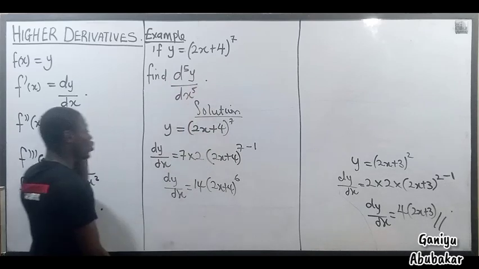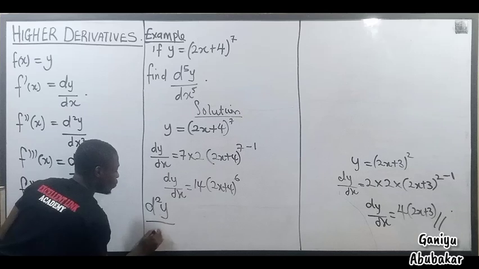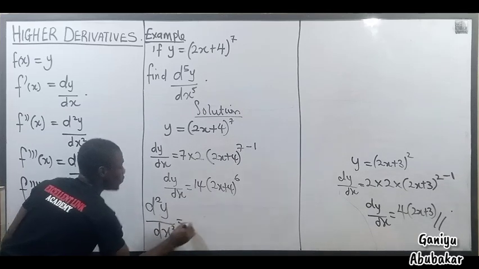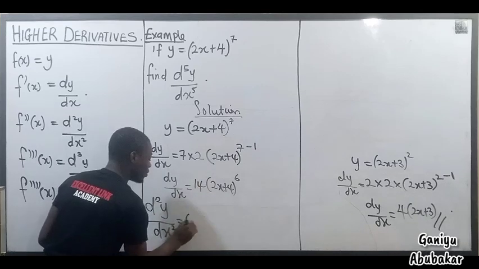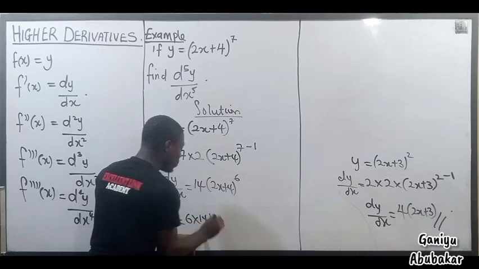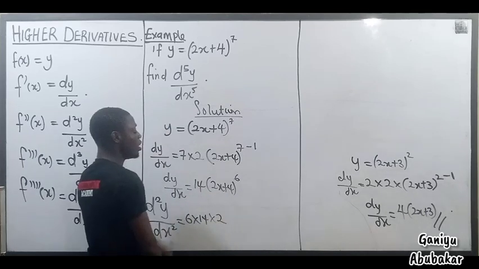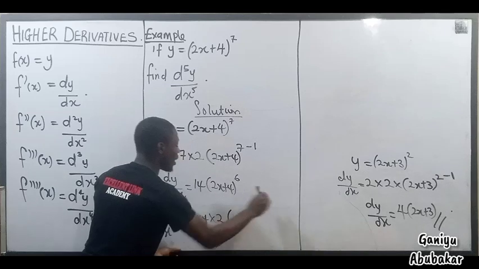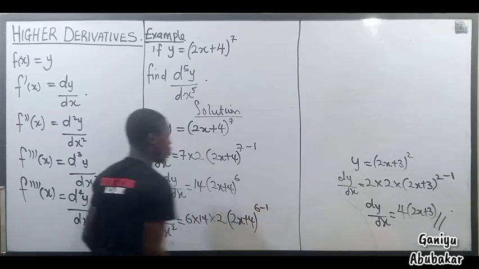Moving to the second derivative, d²y/dx², if I do this manually, I will put down 6 here. That becomes 6 times 14 separately. Next up, differentiate the term in brackets. That's 2. Next up, repeat the term in brackets, (2x + 4) to the power 6 minus 1.